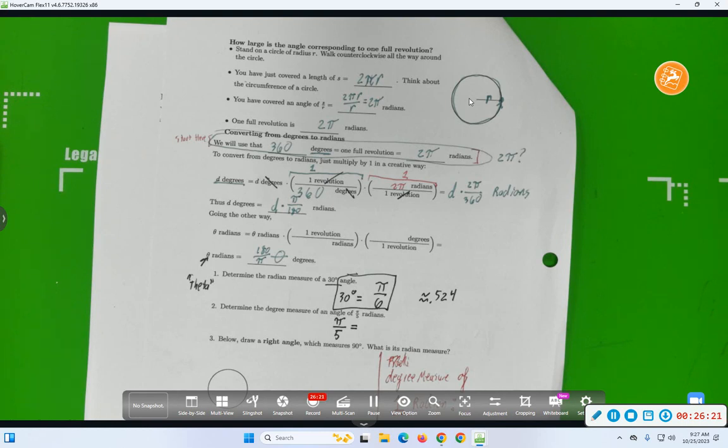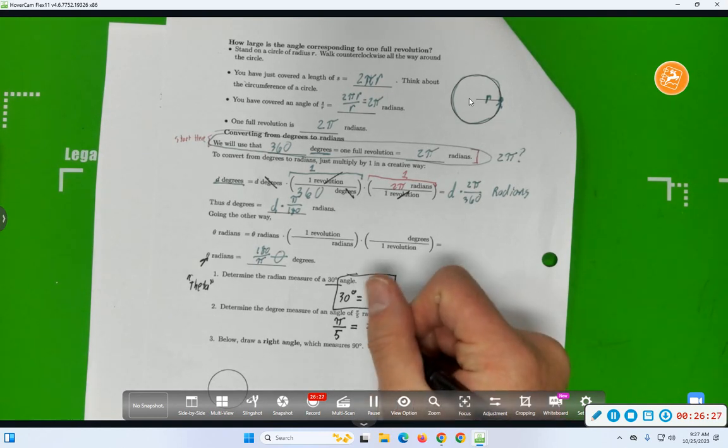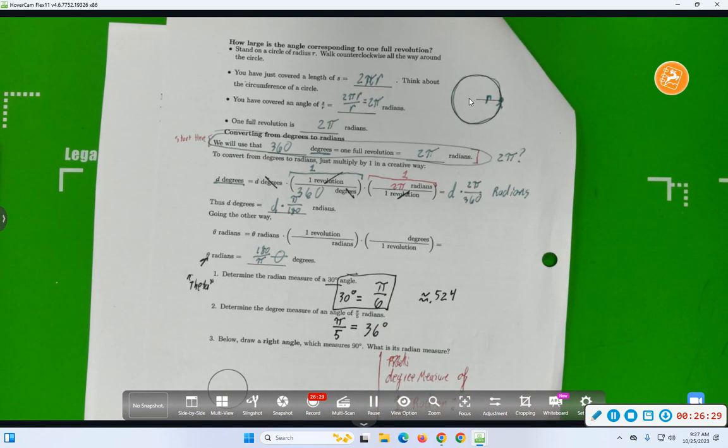What do I hear? 36. Are you at 36 degrees? Is that exact? People agree? Should I actually do any of those computations? Groovy.